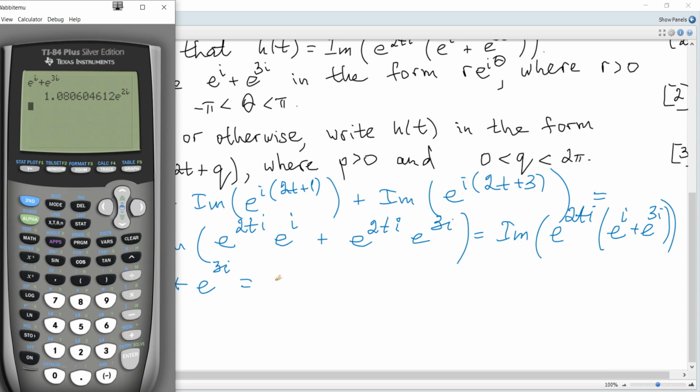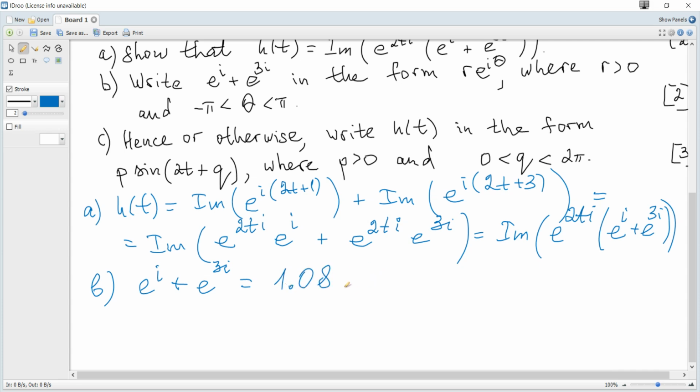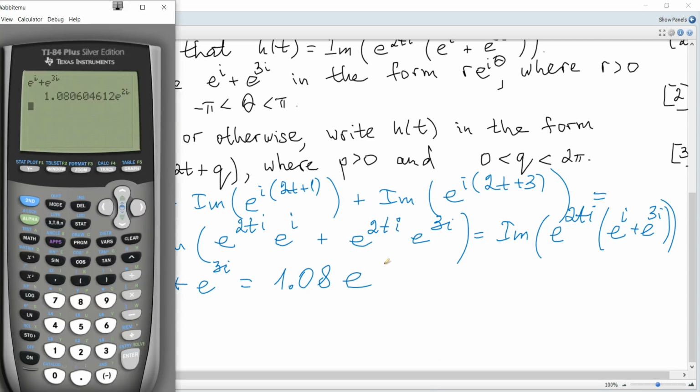So it becomes 1.08 to 3 significant figures times e to the power of 2i.